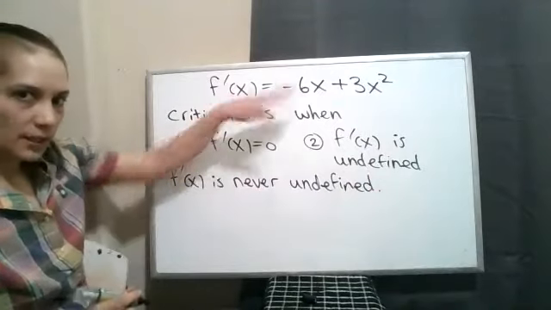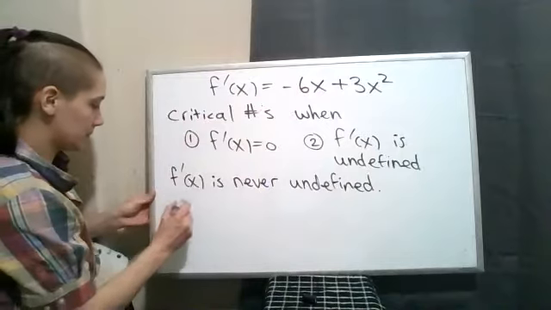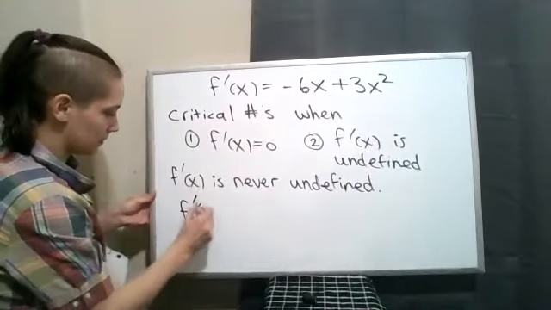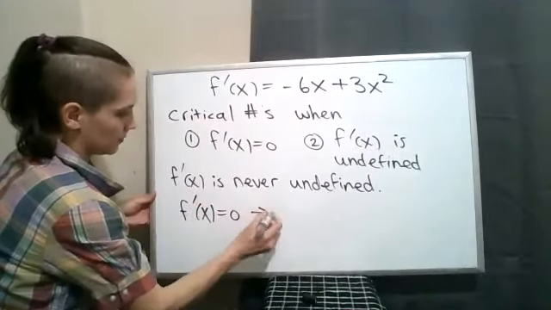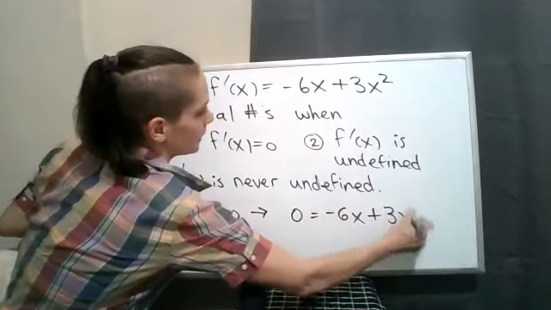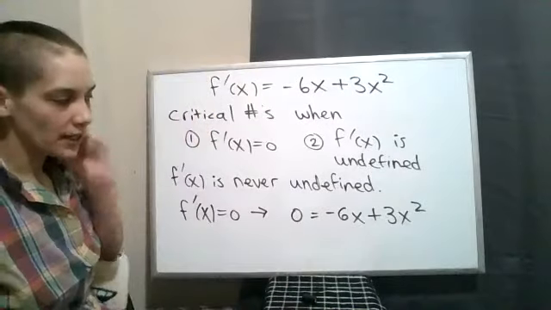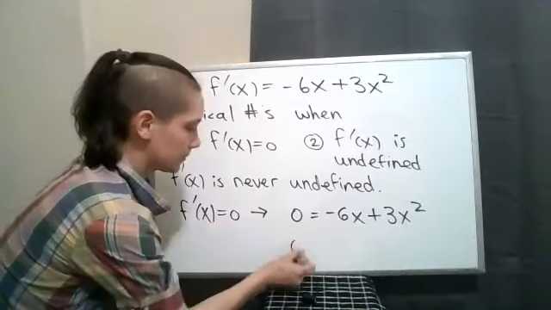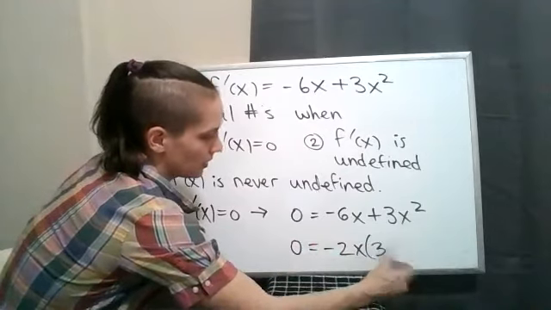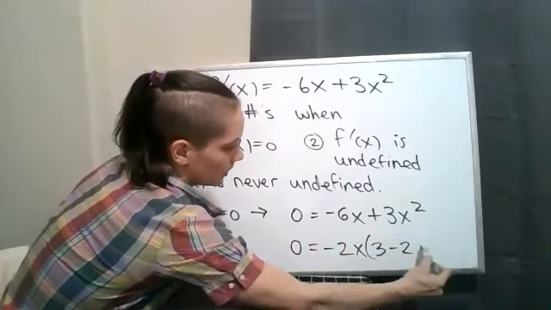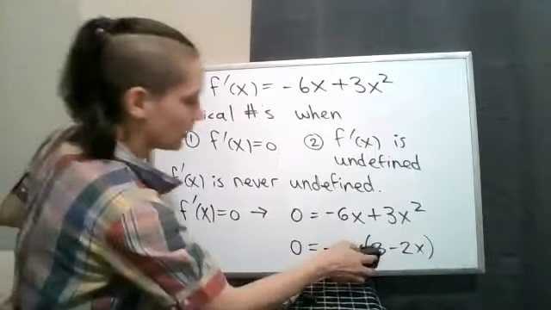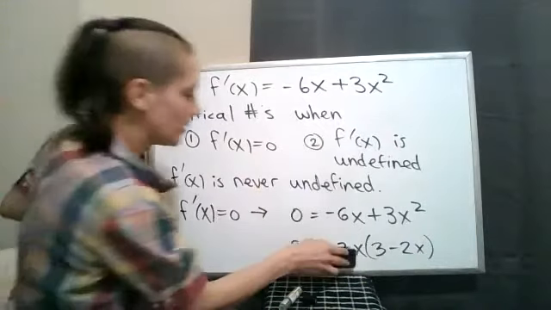Now let's do this part. Put this equal to 0. Zero equals -6x plus 3x squared. So we're going to factor out... Oh, we factor out -3.